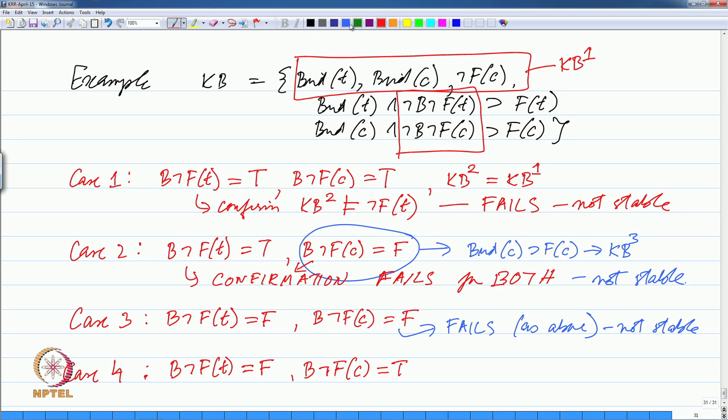Now, observe that here in both these cases this statement reduces one element in the knowledge base to bird Pt implies flies Pt. I will just write this, it is added to the knowledge base essentially. And this is a stable expansion.